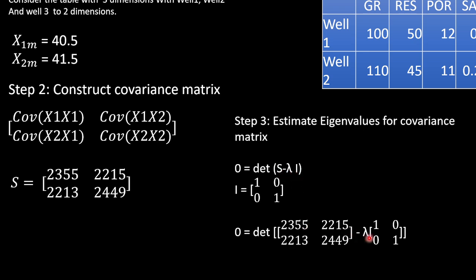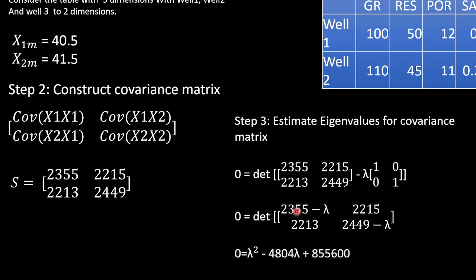So S minus lambda I. It is all in one bracket. So lambda 0 0 lambda will be subtracted in this equation. So you will be getting 2355 minus lambda, and 2215 minus 0 will be 2215, and 2213 minus 0 will be 2213.